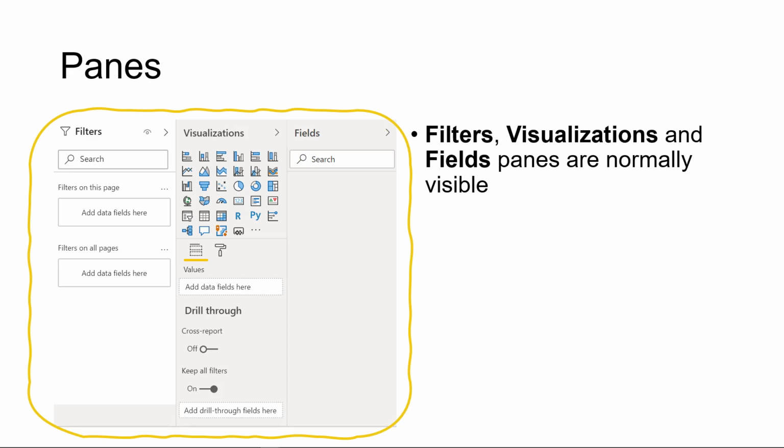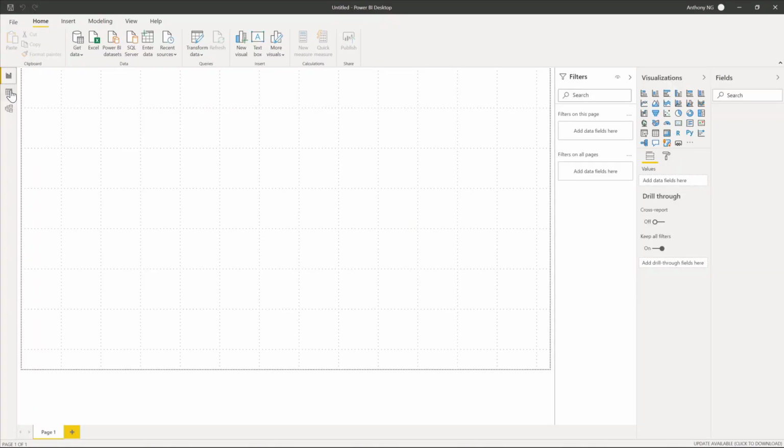Okay, let's talk about panes a little bit. We saw this within the report view, and looking at this, you can see that there are 3 different panes here. You have the filter, you have the visualization, and the fields panes. These are normally visible when you are in the report view.